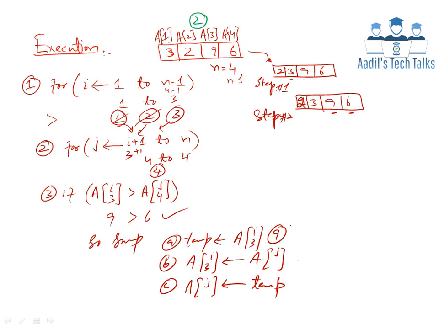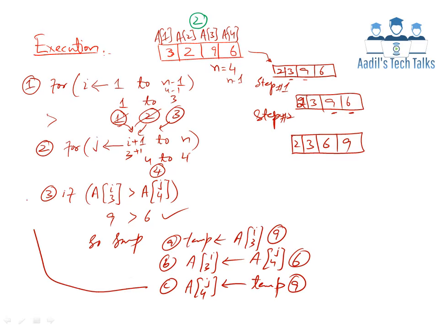A3 gets A[j], A[j] is A4, so the value of A4, which is 6, is copied on location number 3, and from temp, the value of temp, which is 9, is copied on location number 4, A4. So the result after this is 2, 3, 6 and 9. From here we will come back to this step.